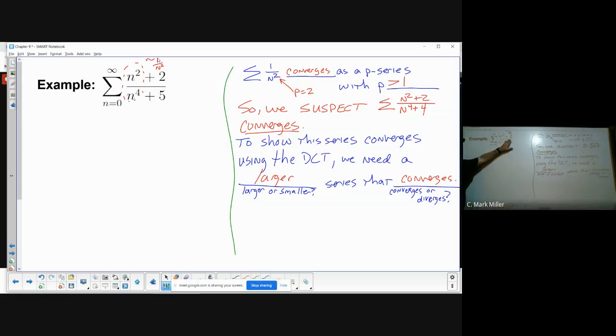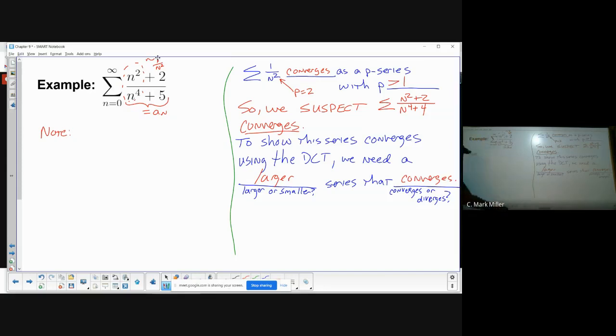So that would make the denominator smaller. That would make the series bigger. Now note, this whole thing here equals a_n.